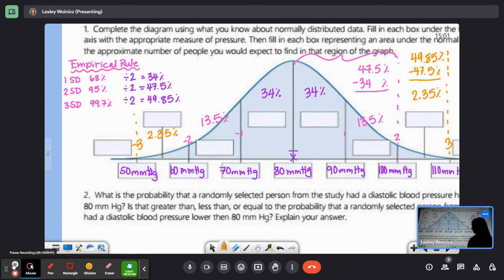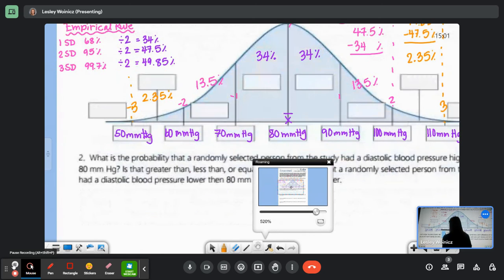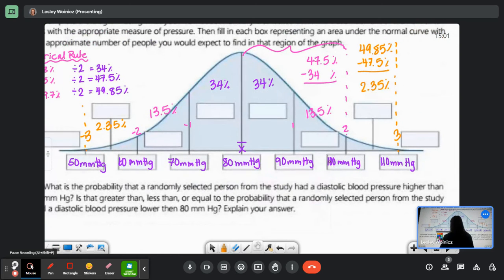Okay, last one. Hard part is almost over. Okay, isn't 50% of our data over here? So this little section is going to be half of our data, 50% minus the orange, the 3 standard deviations. Well, half of the orange.